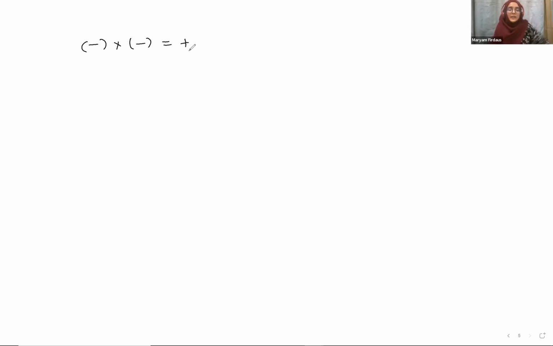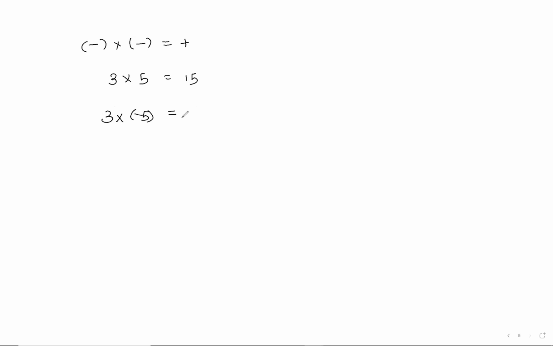So I think you'll be able to solve a few of these. What is 3 multiplied by 5? 15. What is 3 multiplied by minus 5? Minus 15. Very good.